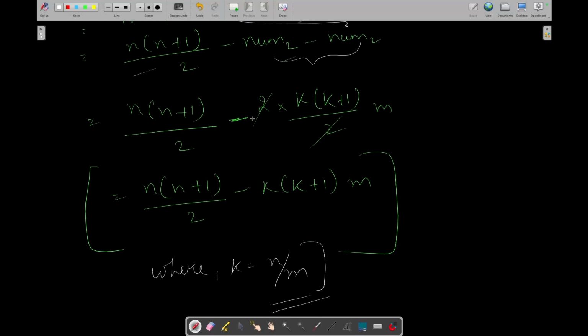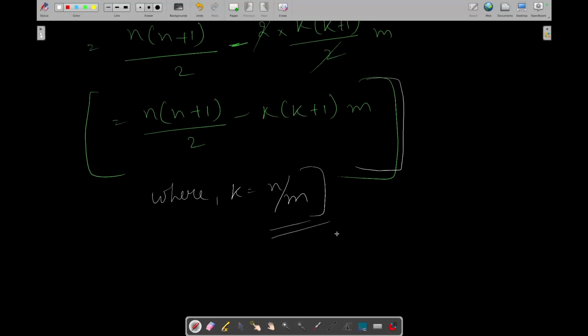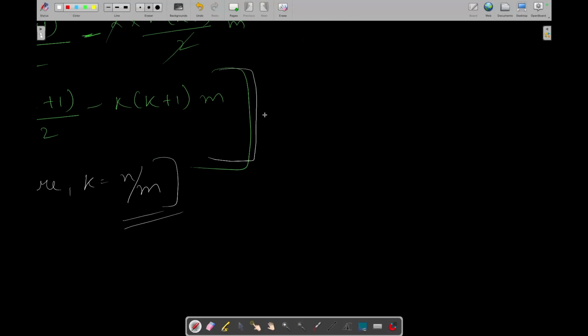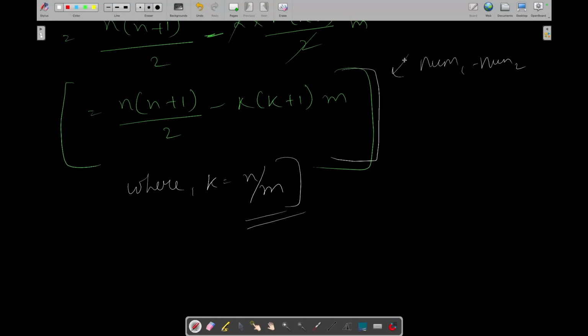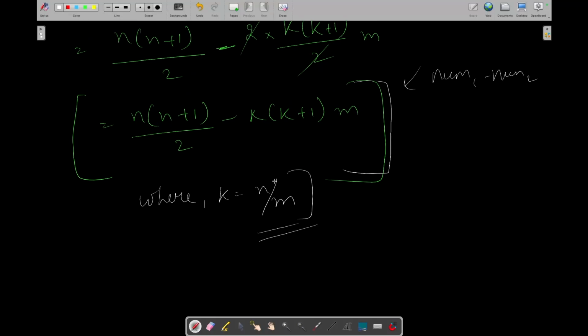So it will cancel out and you will get your final equation as this, which is your num1 minus num2. And here you can simply substitute the value of k as n by m. So you have reduced this solution to a one-liner. You just need to return this value to get their difference, right?